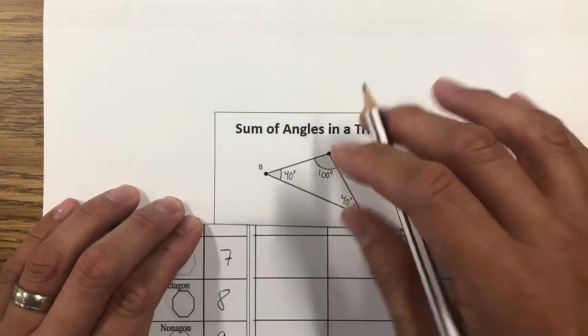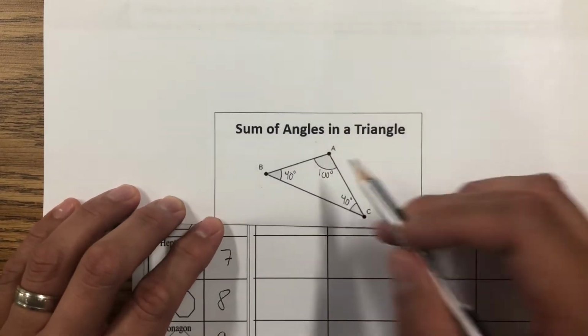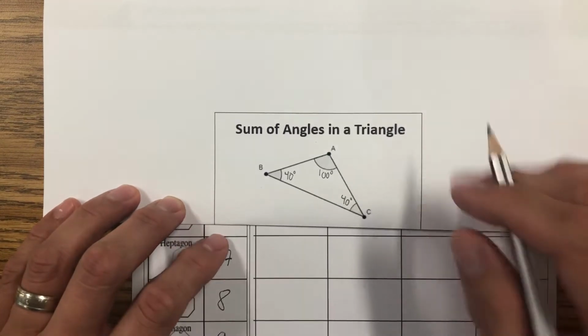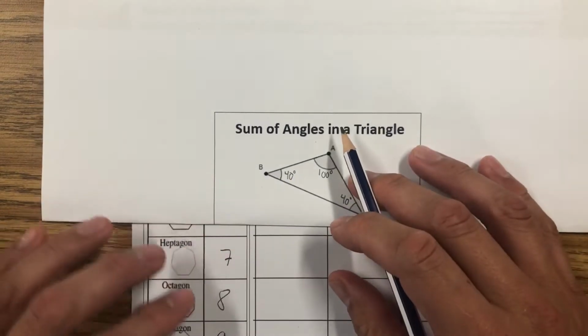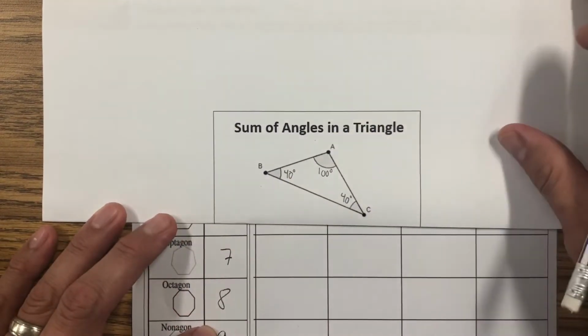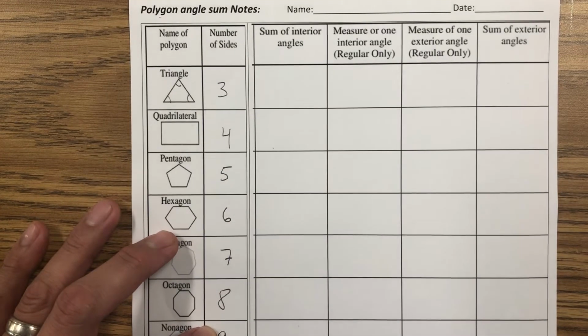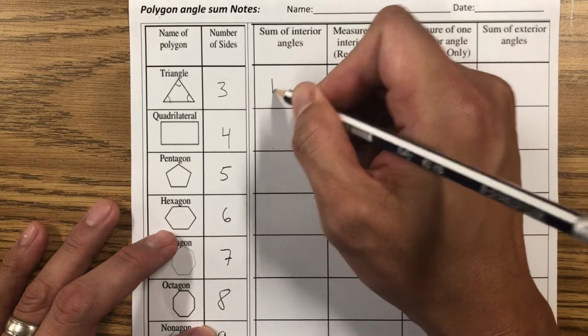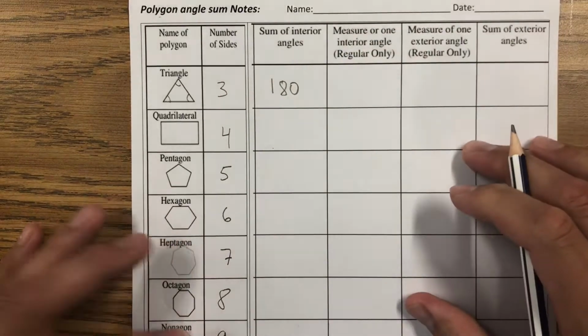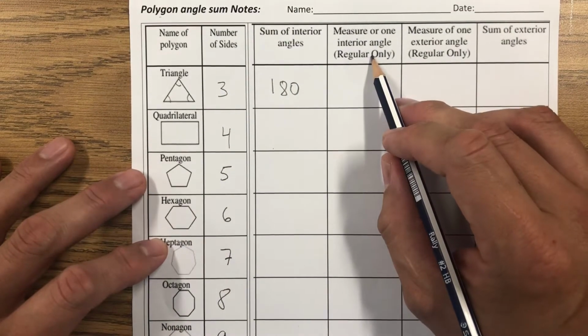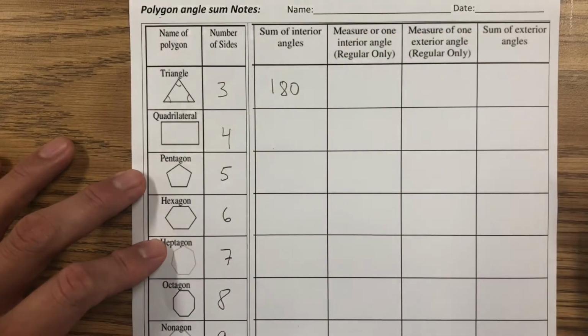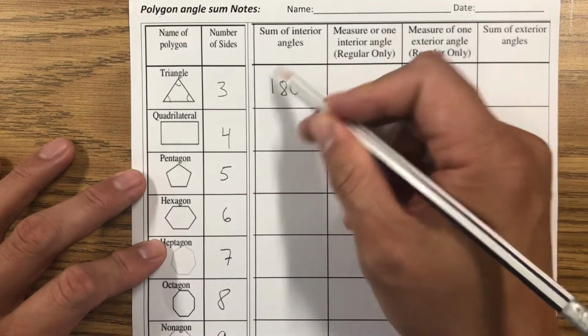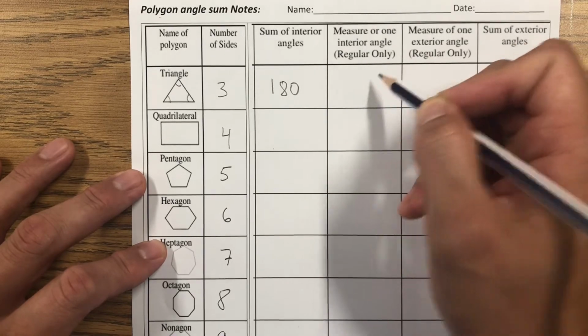Every single triangle, it doesn't matter how it looks, any triangle that has 3 sides, if you add up all 3 angles, they will always add up to 180. So the sum of the interior angles is 180. Now they're asking, what happens if all the angles are the same and they add up to 180, what is each angle?